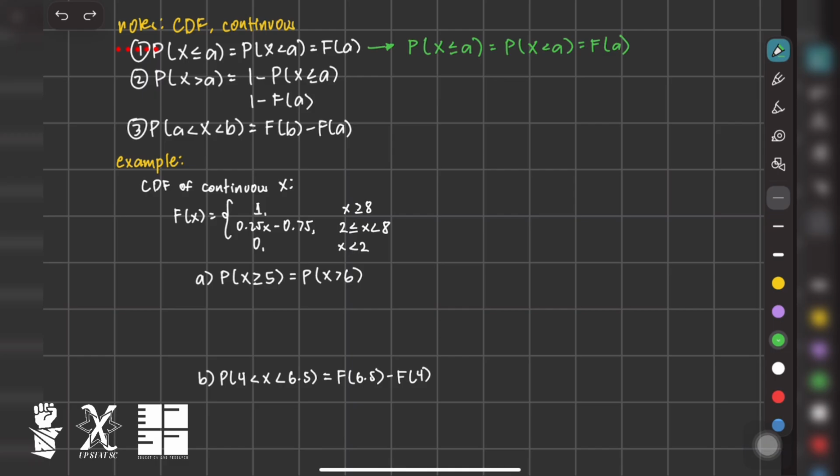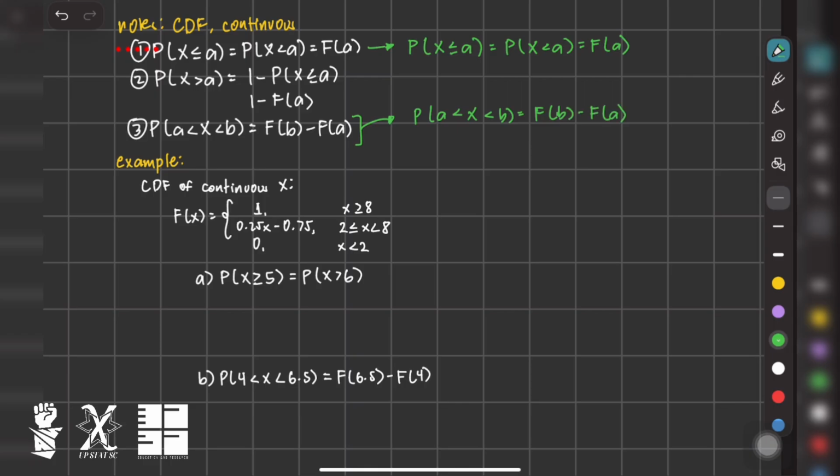On the other hand, you have a form that basically says that the probability that X is greater than a but less than b is equal to just F of b minus F of a.